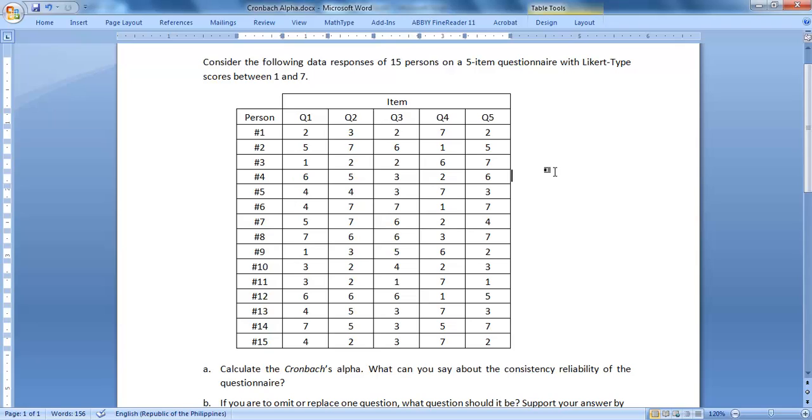We are after the consistency reliability of the questionnaire based on the responses of these 15 persons.